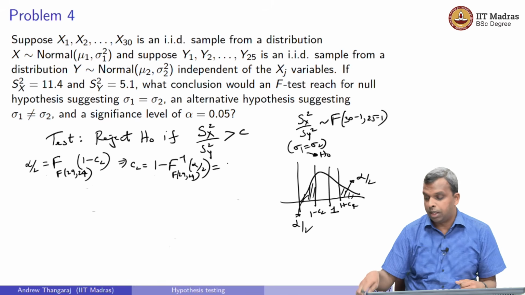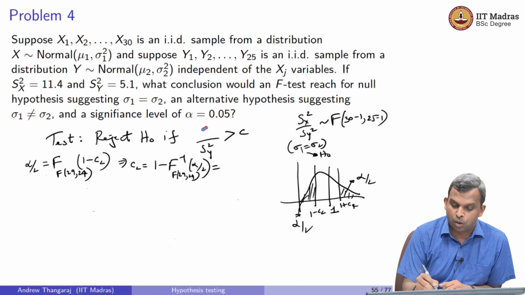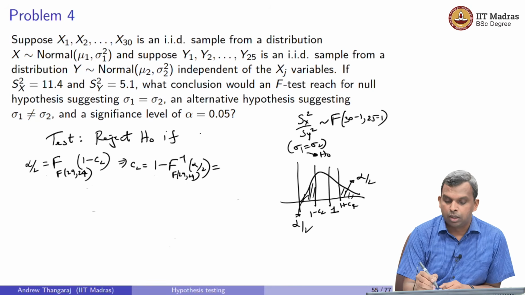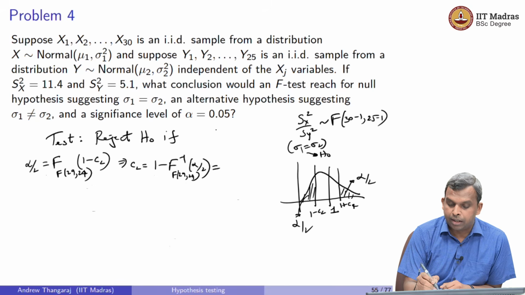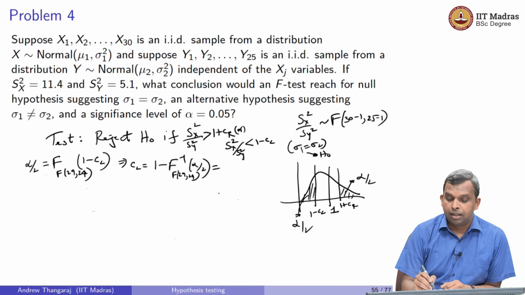Okay, so let's do this one. This test also is wrongly written, so this has to be changed to: if Sx squared by Sy squared is greater than 1 plus CR, or Sx squared by Sy squared is less than 1 minus CL. So this is the sort of test that we have.